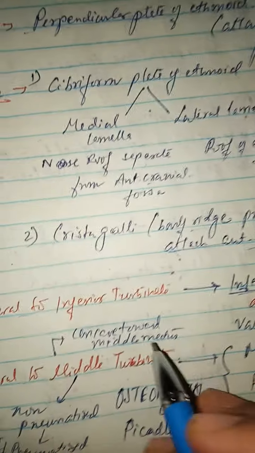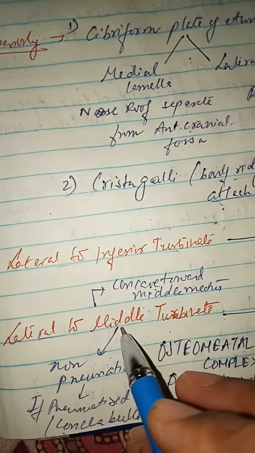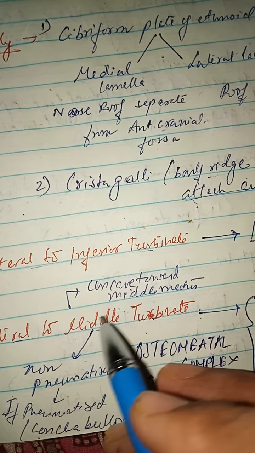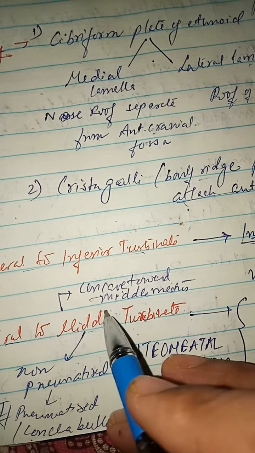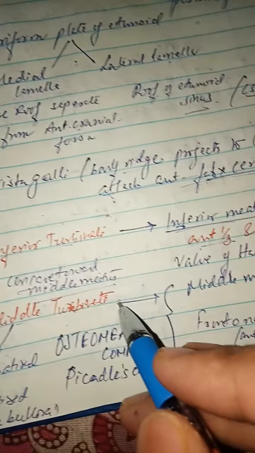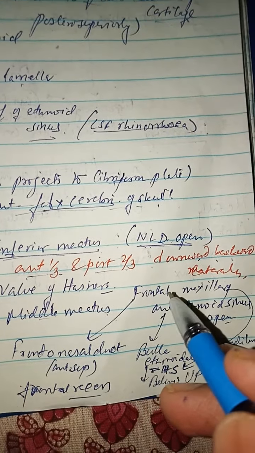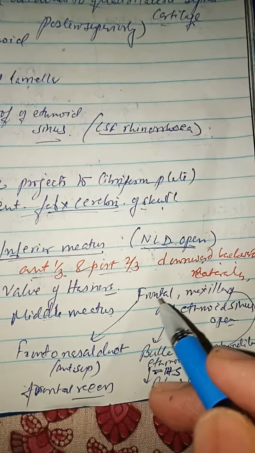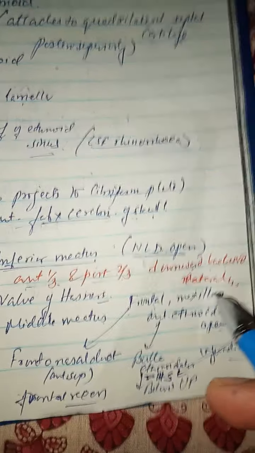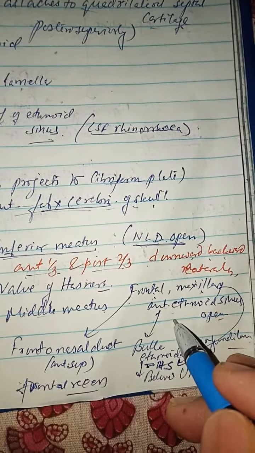Now the middle turbinate is basically concave towards the middle meatus. So lateral to the middle turbinate there is the middle meatus. It is a confluence of the frontal sinus, maxillary sinus, and anterior ethmoidal sinus.